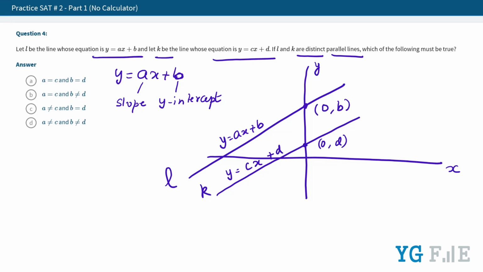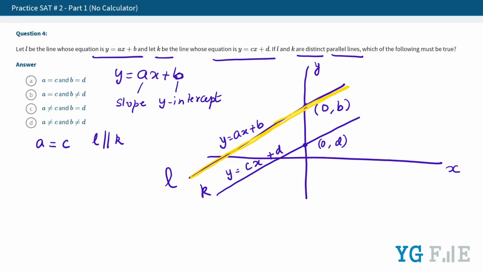So one thing that is pretty obvious is that when the two lines are parallel, the slopes a and c will be equal, because L and K are parallel. Now, to understand what distinct means, let us try to draw the line K on top of the line L, as if L and K are the same line.